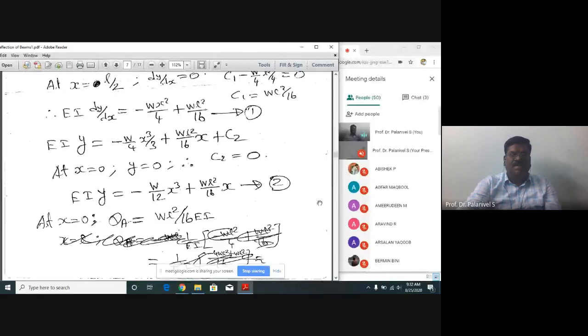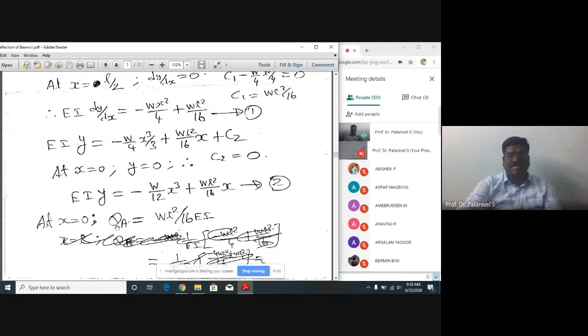Now, we are interested in determining the slope, theta A and theta B. At x is equal to 0, it means at A, because at A, x value is 0. The theta A, the angle of rotation or the slope at A, angle of rotation and slope, both are one and the same. Already I told you in the very beginning of the class.